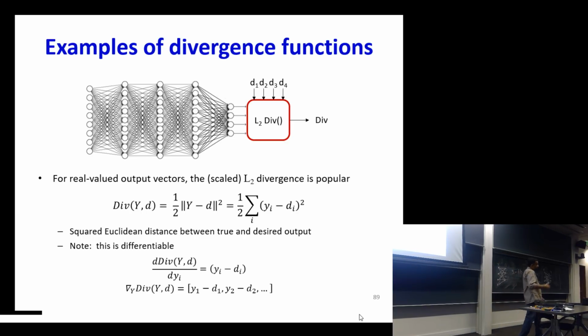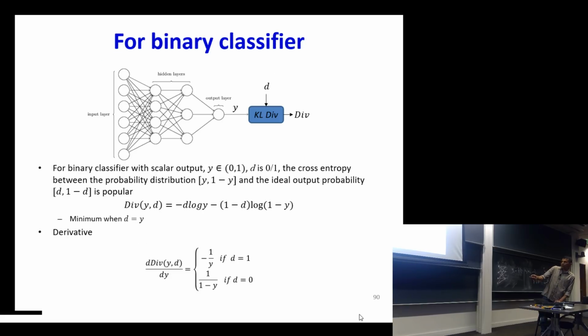And specifically because the derivative is simply the actual difference, the error, the entire process of training using gradient descent is called error backpropagation, because we are going to be using the chain rule to compute the derivatives of the error with respect to intermediate values, and it turns out it just ends up doing a lot of multiplies and additions of this basic error, so it's called error backpropagation. But anyway, aside. So for the L2, for real valued vectors, it's very clear how we define the divergence.